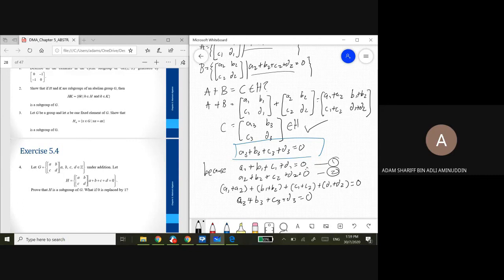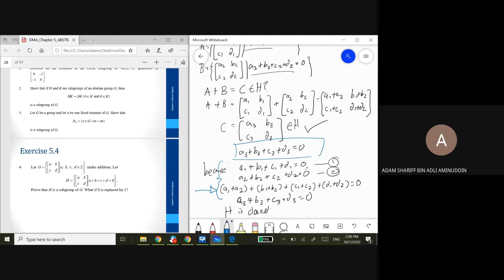This is a good question actually. Then as my conclusion, H is closed. I know some of you might argue with me right now, because you need to understand this part of the argument. How did I get this?